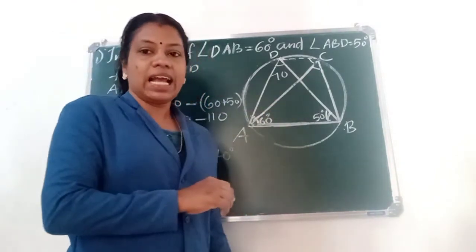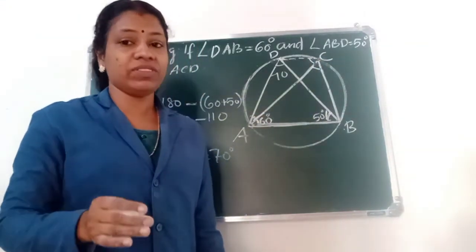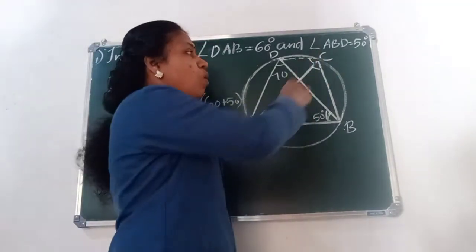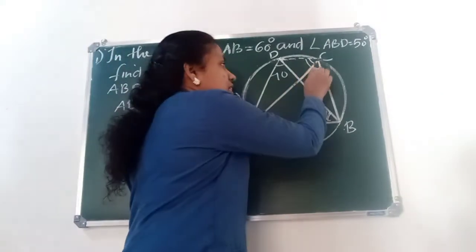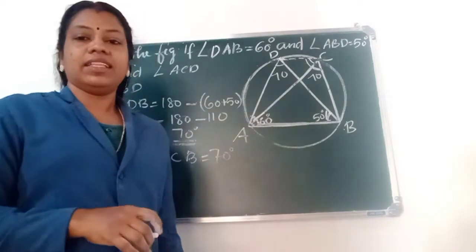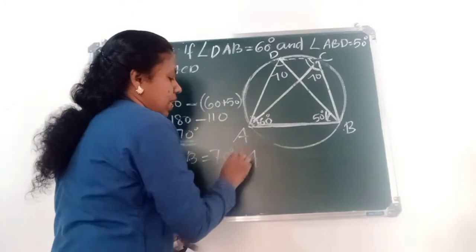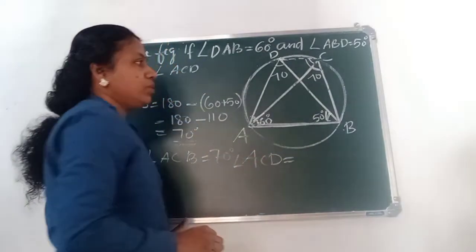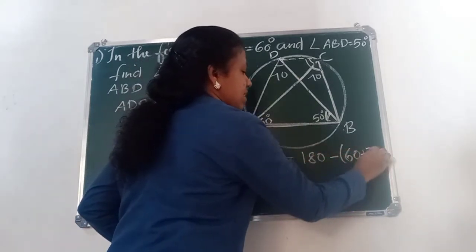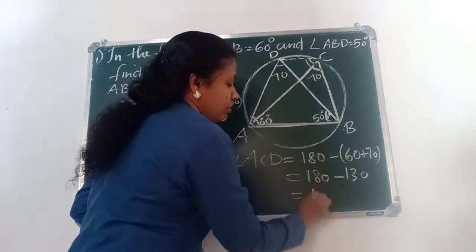In a cyclic quadrilateral, the sum of the opposite angles equals 180 degrees. So angle ACD equals 180 minus (60 plus 70), which is 180 minus 130, equal to 50 degrees.